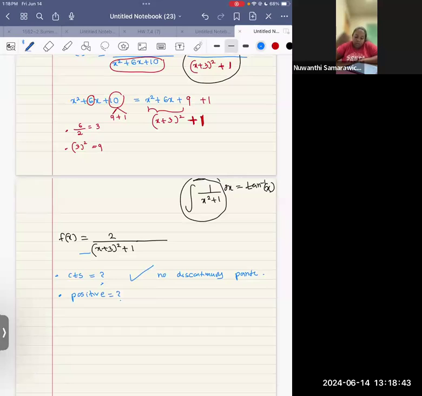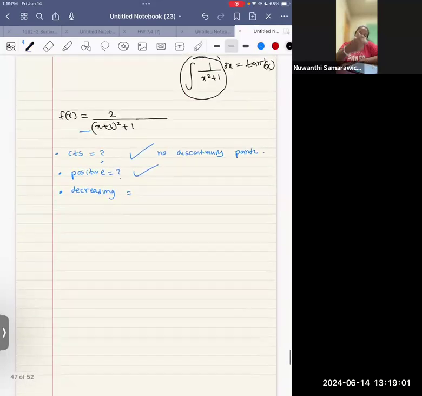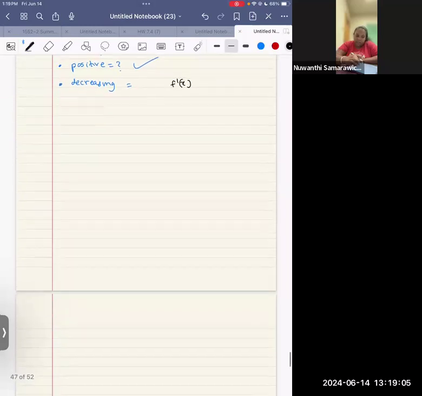The numerator is positive, the denominator is always positive. So it is positive. So we have that. Is it decreasing? What do you think? You can check the decreasing by taking the first derivative.